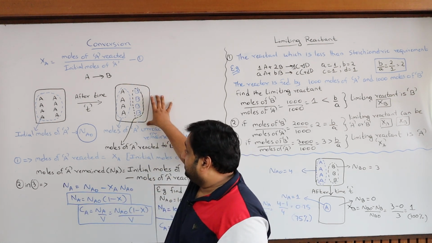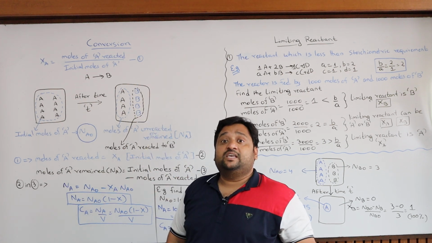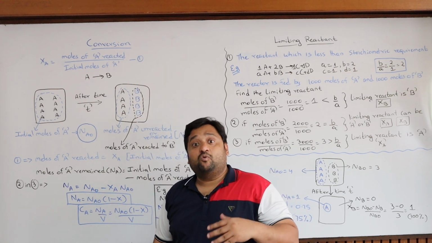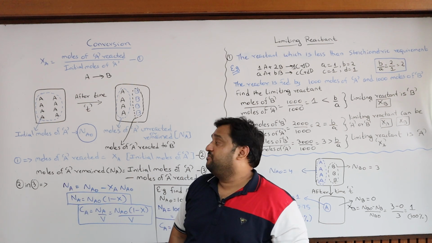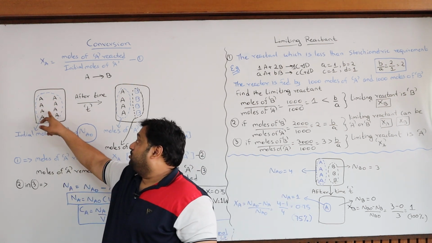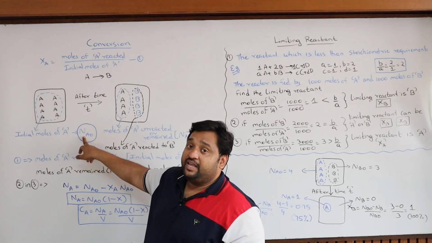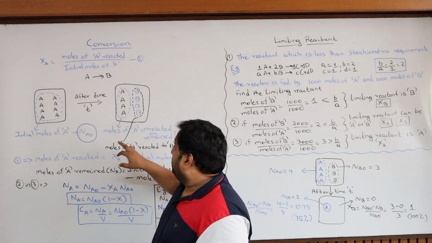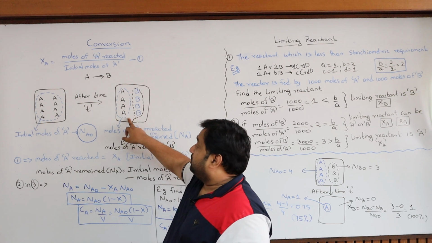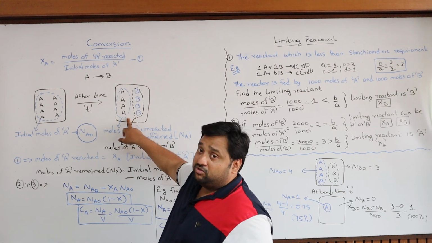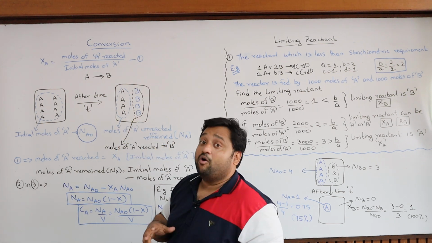If this is the case, let us define the initial moles, final moles, and moles remaining. These are the initial moles of A, denoted by the symbol NA0. These 1, 2, 3, 4 are the moles of A that are unreacted or remained.